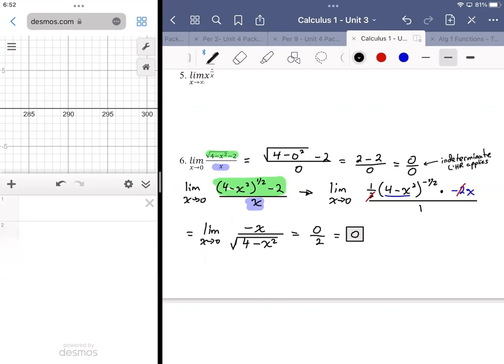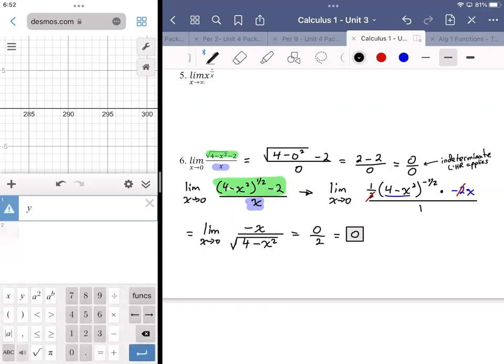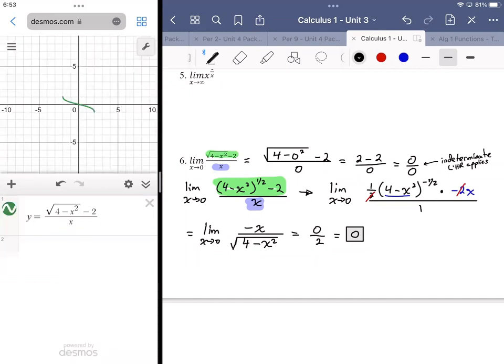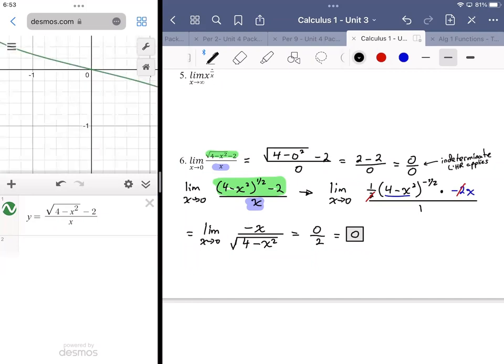Pop it right in and take a look. Could be thinking of a different question too. Or I might have screwed something up. We'll see. The moment of truth awaits. As x approaches 0, survey says 0.